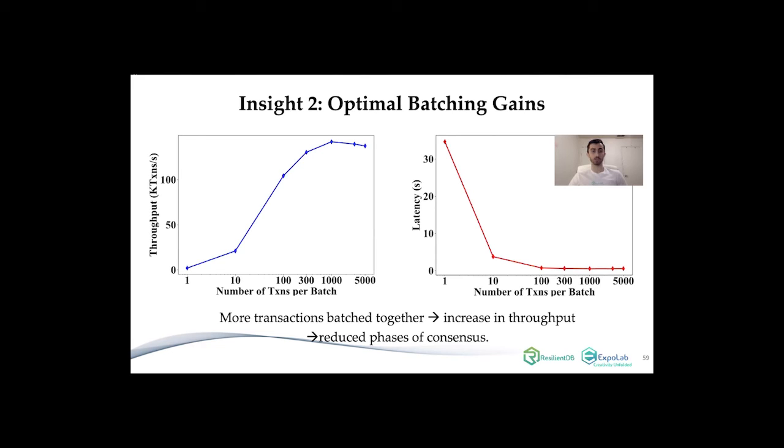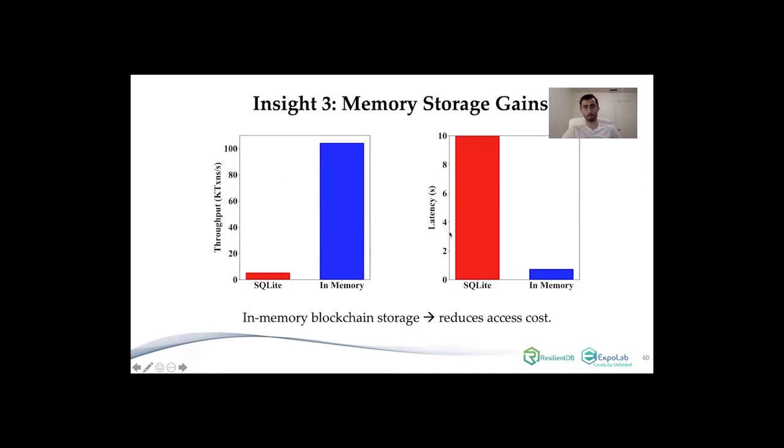As you can see, the throughput from 1 or 2K per second increased to 150K per second. It means batching has a very huge impact on the throughput and even latency. And the latency of 30 seconds decreased to even less than a second for 1000 transactions per batch.